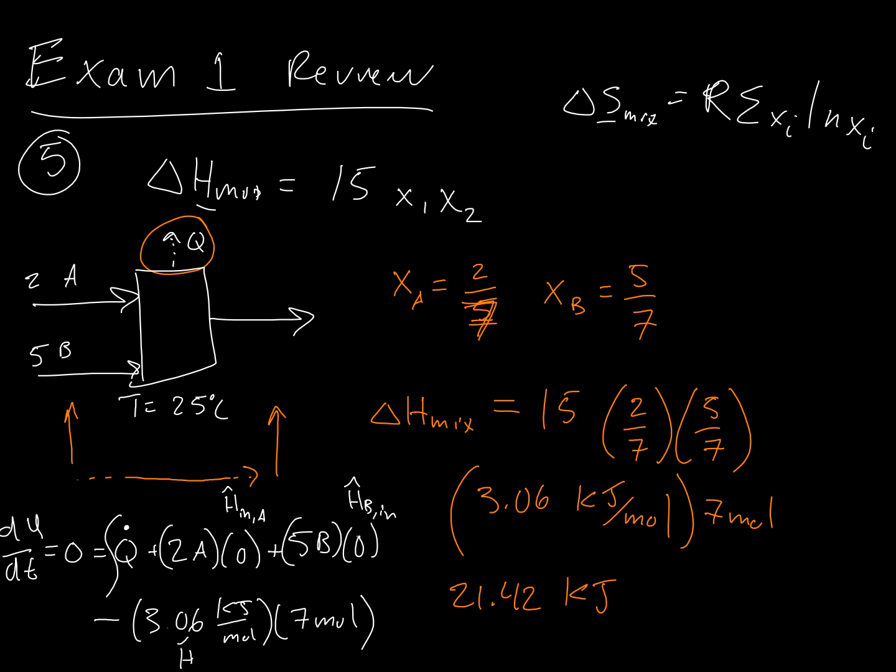This would be the H hat out of the mixed fluid. The way that I did this, I drew Q going into the system. So this term would go away, this term would go away. Then we move this to the other side of the equation, and basically, this is our Q.